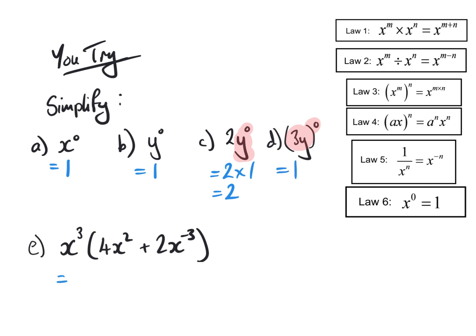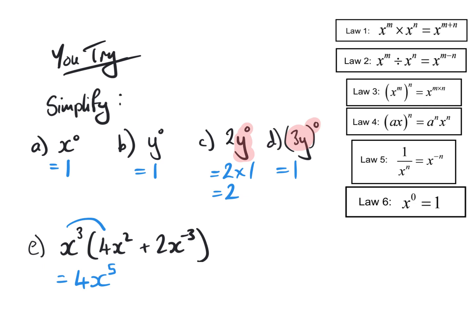Lastly, this example down here, multiplying out the bracket, and we'll go through that step by step. For the first multiplication, we'll put the line in for that. It's multiplication, so we're going to add these 2 index numbers together. 1x there and 4x there, so 1 times 4 is 4, and then x cubed times x squared, because I'm adding the index numbers together, is x to the power of 5.